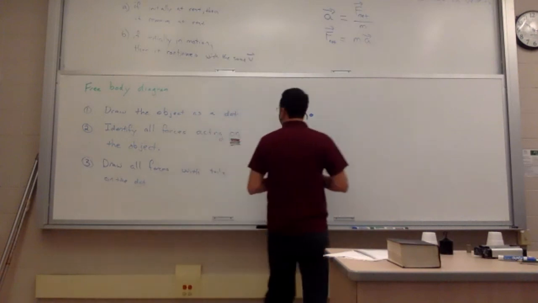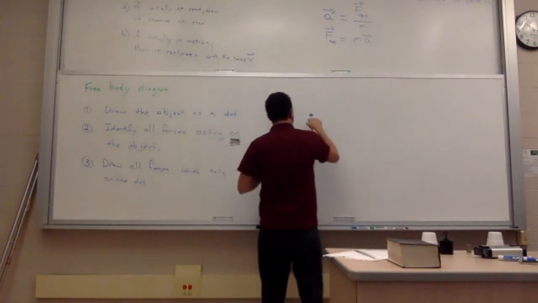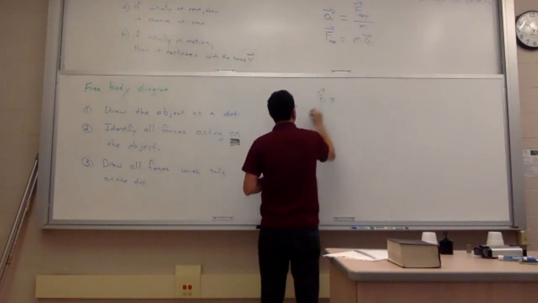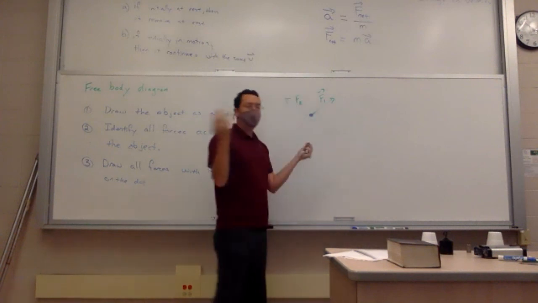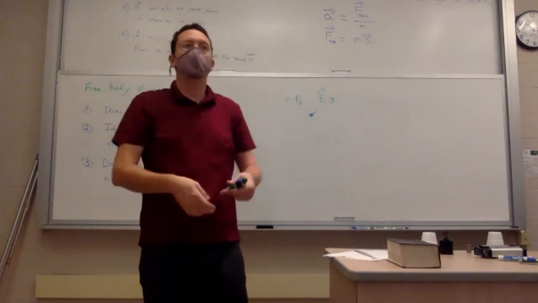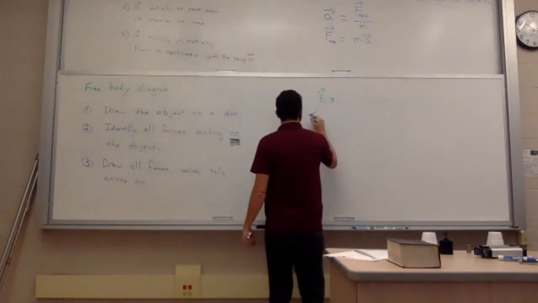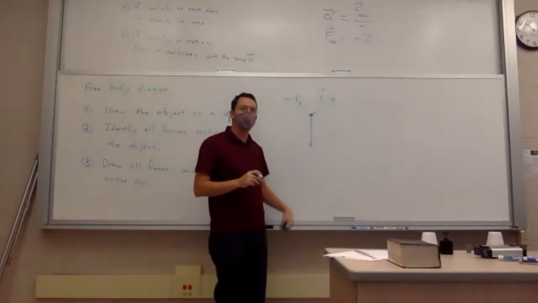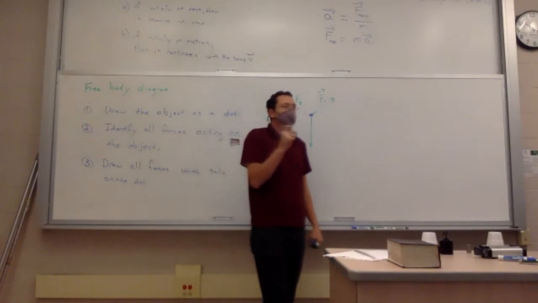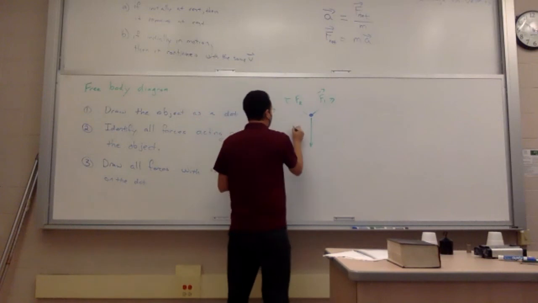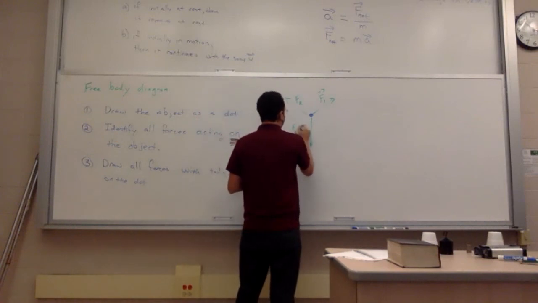Let's say I have an object, and I've got a force going here, force 1, force 2. Let's say I've got 2 more forces which are parallel, going in the same direction, acting straight down. It is oh so tempting to just use the same arrow and label it force 3 and force 4.